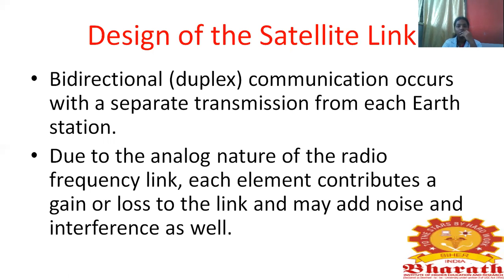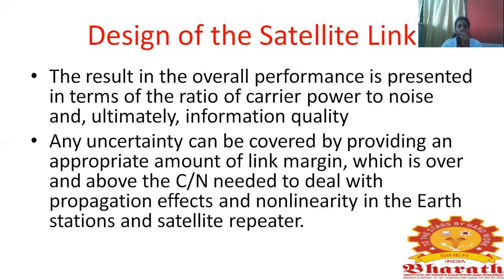And how are you going to identify this gain or loss? Loss might be due to the noise, and gain also due to the interference. Right? So the gain or loss might be due to the noise or the interference. And now the resulting overall performance is presented in terms of the ratio of carrier power to noise.